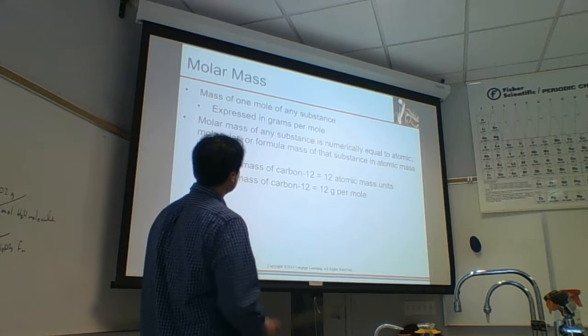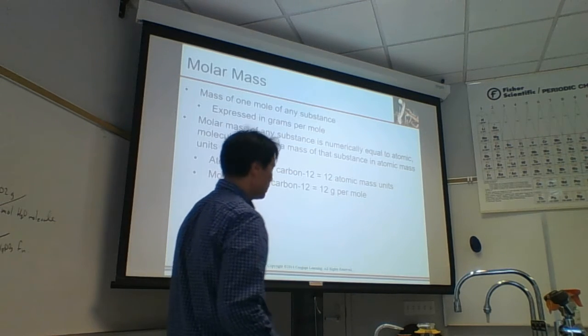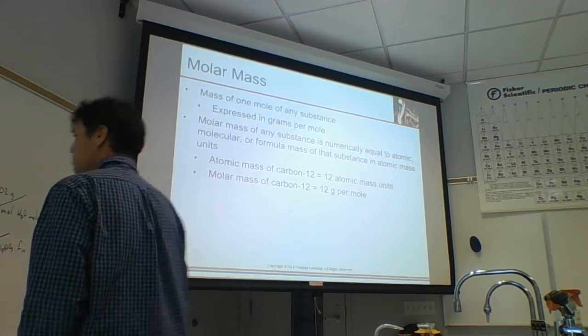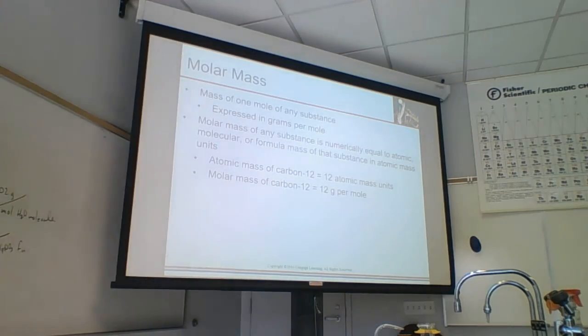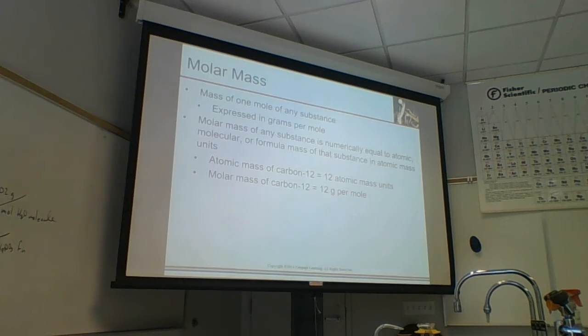All right, then we have something called the molar mass. The molar mass is what I've been talking about, and that's a relationship here. It's tricky to see in this particular case. And so, for example, we know that there's exactly 12 U for each carbon-12 atom.